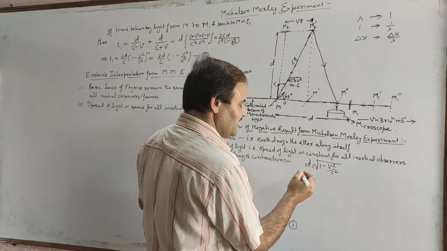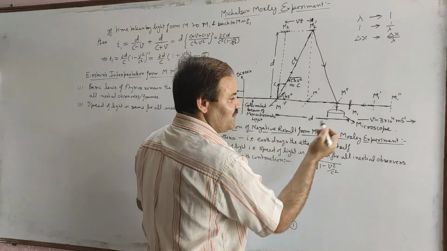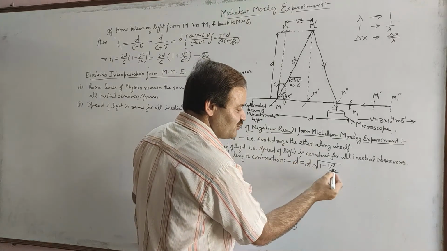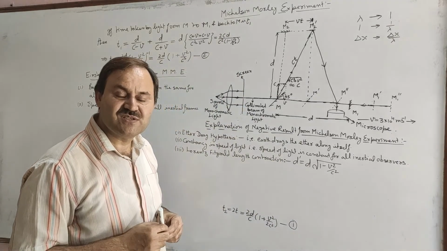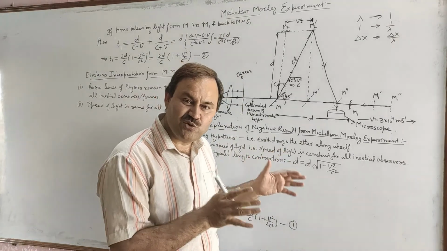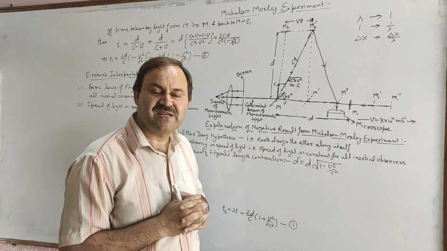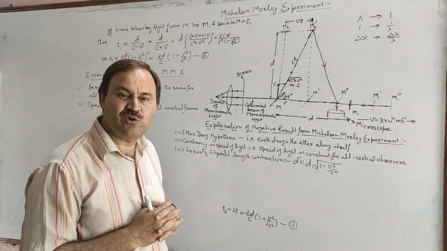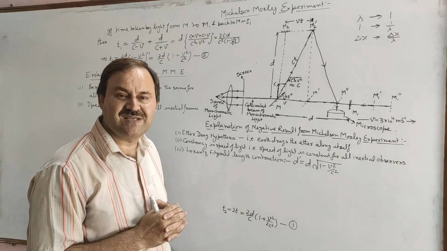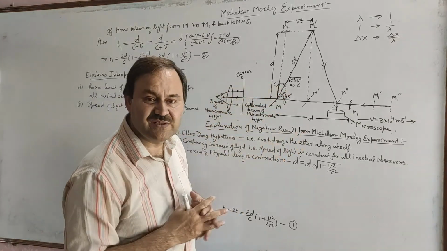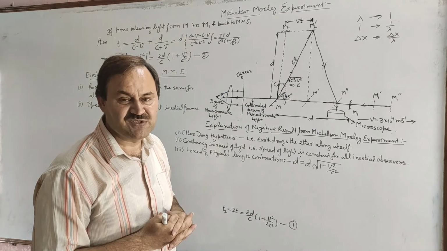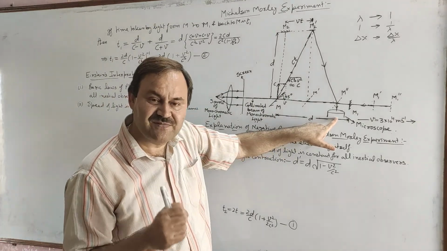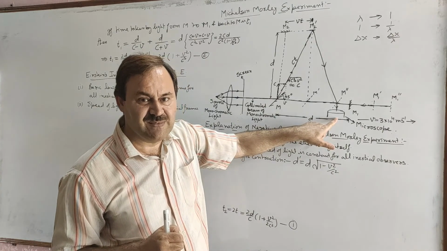So the new path length between m and m1 should be d dash equal to d root 1 minus v square by c square. And this shortening of path was responsible for no time difference or no path difference between the two interfering light beams, resulting in no shift in interference fringes within the microscope.